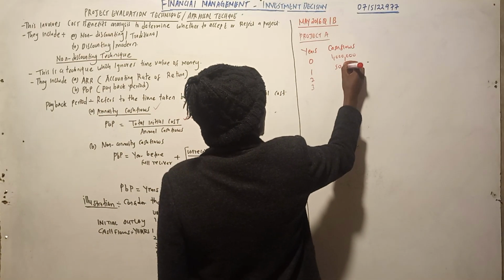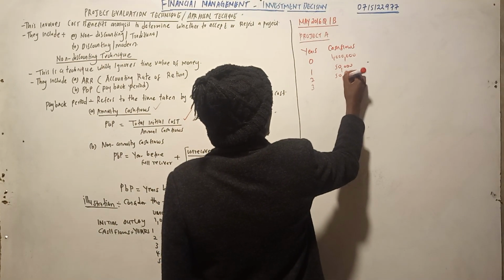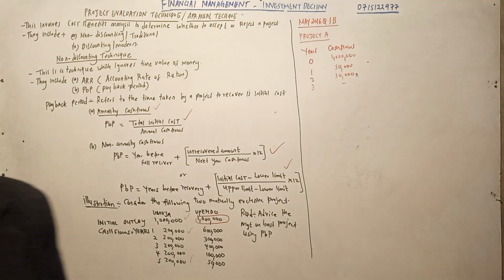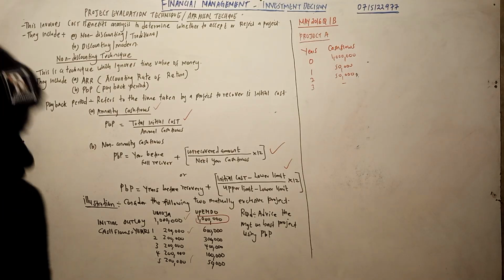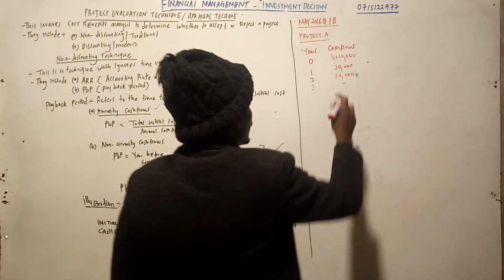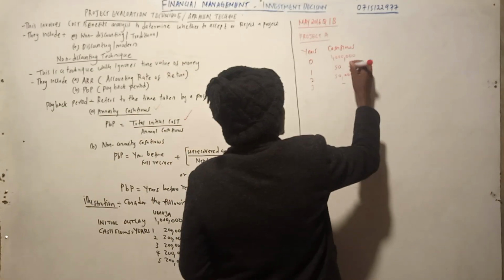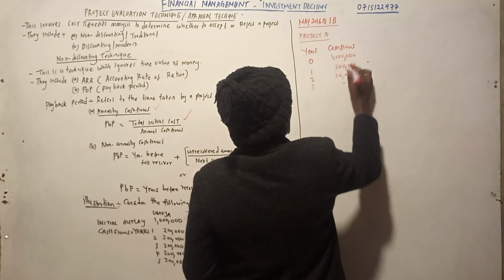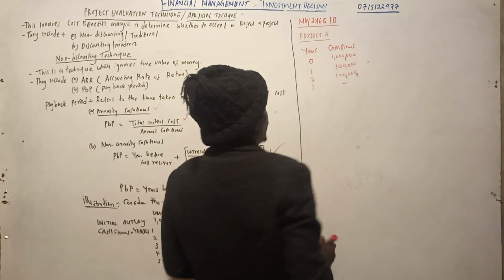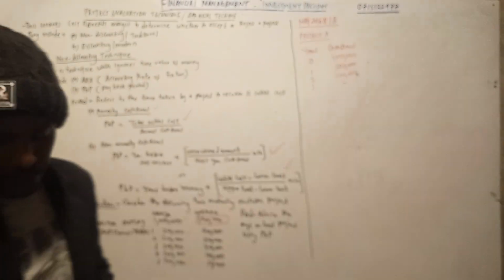So 500,000, 500,000. Then year 3 they tell us it is a dash. Sorry, this is supposed to be 500,000. Year 3 there is none. Now what will be the payback period?